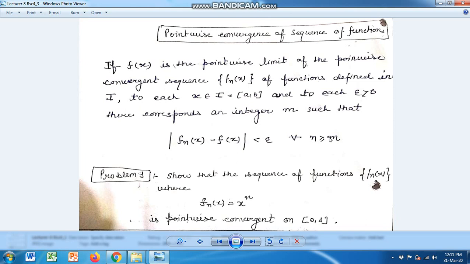That means if a sequence of functions is pointwise convergent and converges to a function f(x), then mod of f_n(x) minus f(x) will always be less than epsilon for all n greater than some particular natural number.